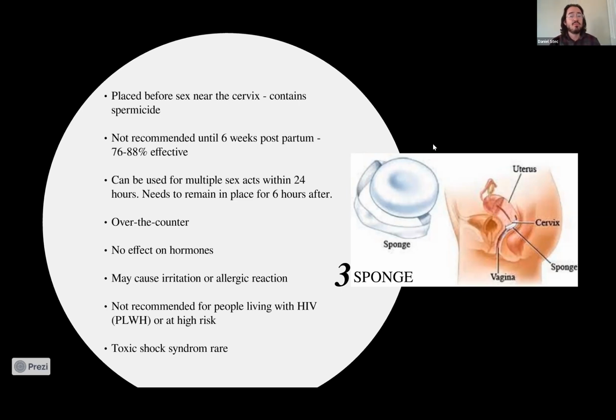So it can be used for multiple sex acts within 24 hours. And it does need to stay in place for at least 6 hours afterwards in order to get that higher effective rate. But you can see again, it's only 76 to 88% effective because of some of the room for error with these methods.